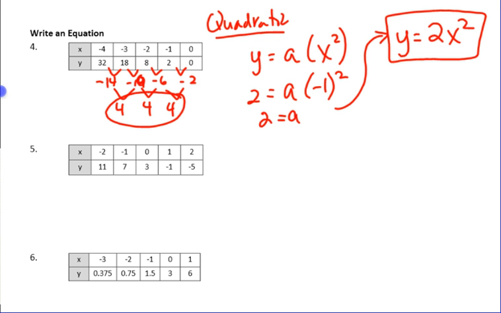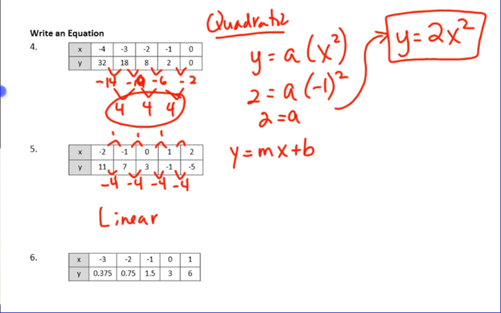Number 5, I'm going to figure out if there is a constant ratio. As you go across here, you'll notice that there is a constant ratio of -4, and the values on top are 1. So that means this is a linear equation. Linear equations are written y equals mx plus b, where m is the slope and b is the y-intercept.